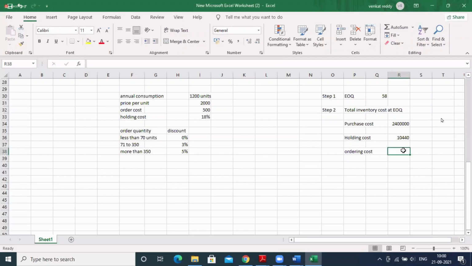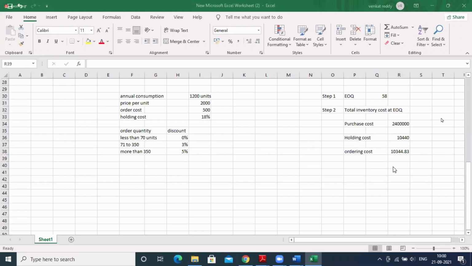10,375. Let me calculate this. Annual consumption 1200 divided by EOQ 58 into ordering cost is, yeah, 10,345. Very good.